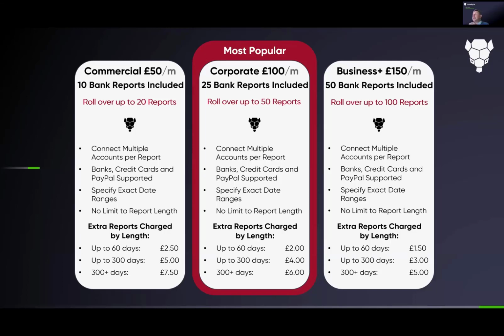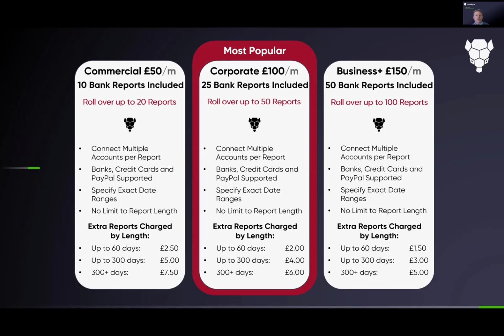What we're learning from accountants is that whether it's the compliance work you're doing, it isn't linear. You don't do the same amount every month. So we're offering the ability for people to roll over up to, in this case, 50 reports into subsequent months, rather than use it or lose it. And just to say, you get charged per report, not number of accounts. So if someone connects multiple accounts, you don't get charged for each additional account. You just get charged per report.